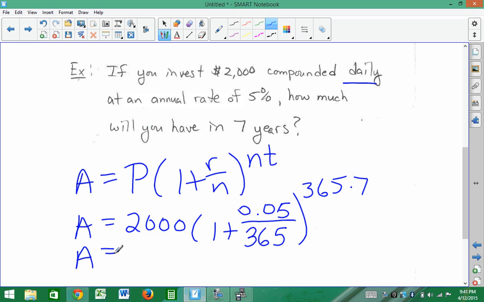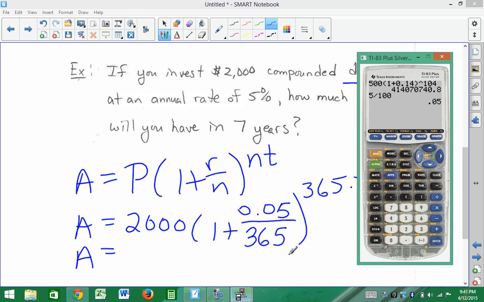All right, type this all in. 2,000 times 1 plus. Now unfortunately I do not have the vertical fraction with this version, so I'm going to have to use parentheses. 0.05 divided by 365.